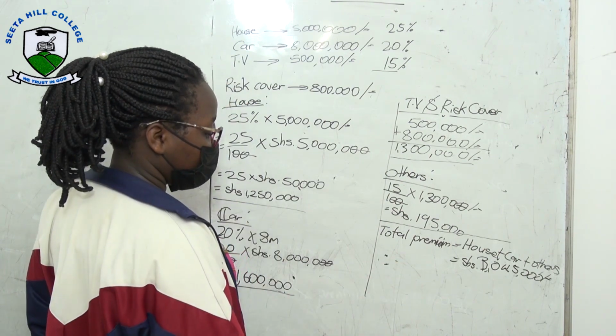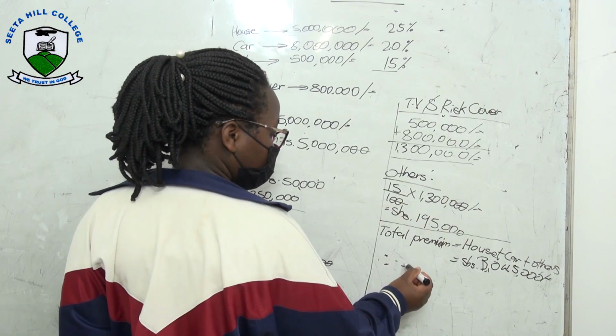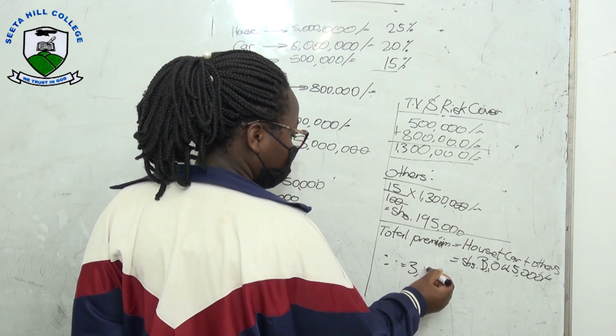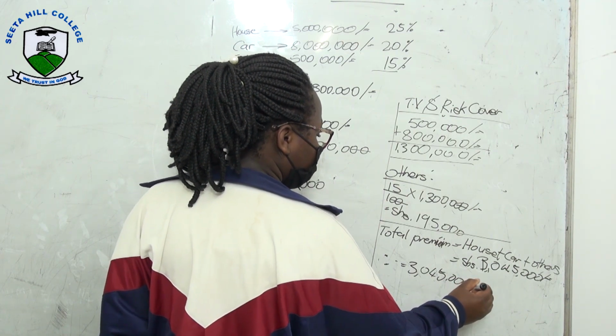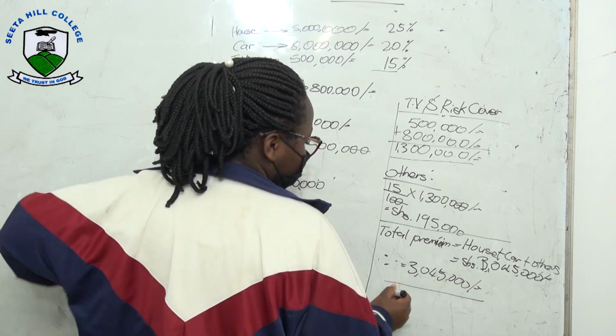So therefore the total premium is 3,045,000 shillings. Okay, thank you.